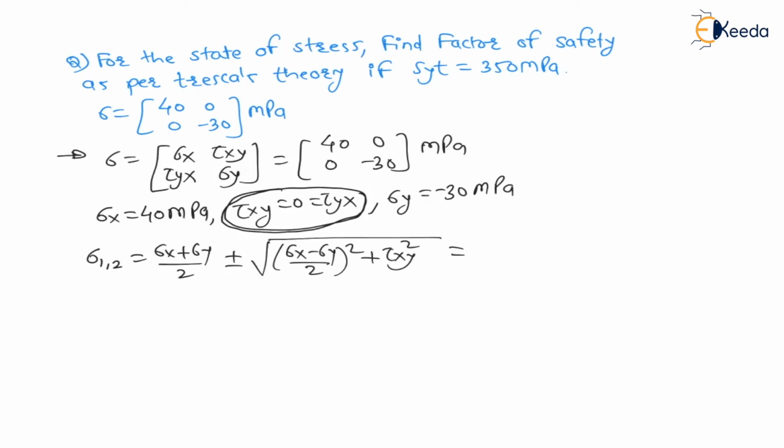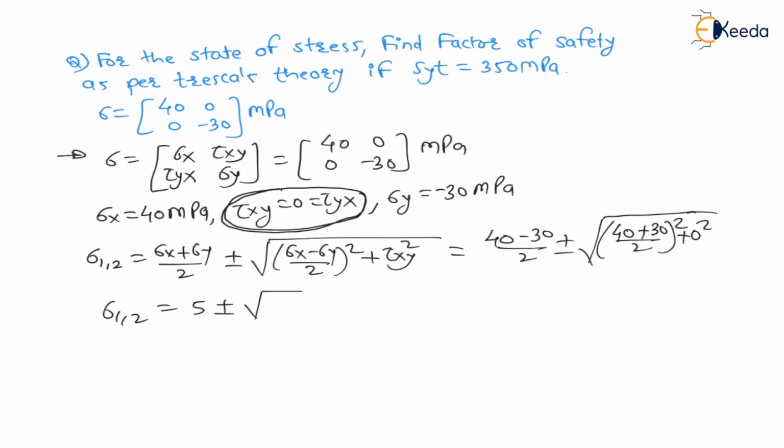Therefore put the values. Sigma x is 40 plus sigma y minus 30 by 2, plus or minus under root of sigma x is 40 minus minus becomes plus 30 divided by 2 whole square plus tau xy is 0 square. Therefore sigma 1, 2 we will get this 40 minus 30 divided by 2, this will be 5 plus or minus under root of 35 square, which is 5 plus or minus 35.